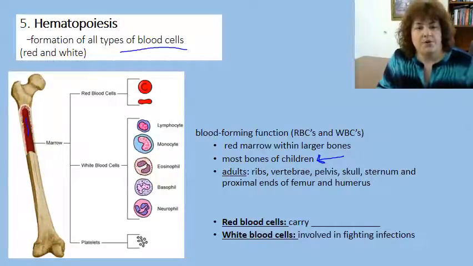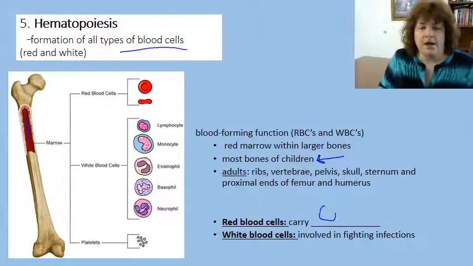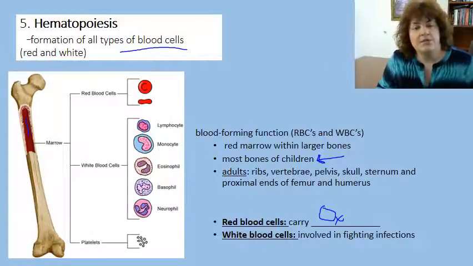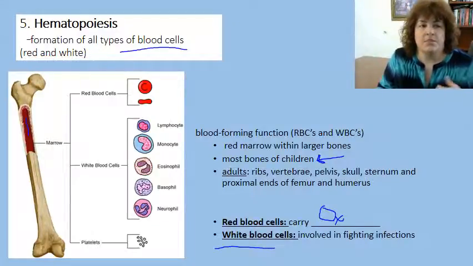But most of the bones will still contain some bone marrow, and we are forming red blood cells. Red blood cells, of course, carry oxygen. And again, red blood cells don't last forever. They last about 3 months. So we are continually replacing these used red blood cells by the body. And white blood cells are very important. They're used to fight infection. So all of this is one of the functions of bones.